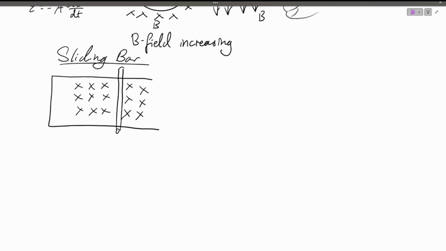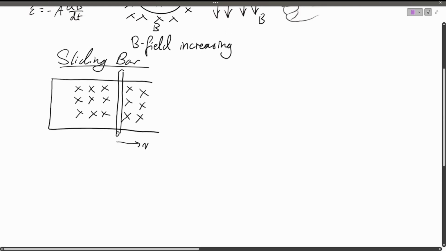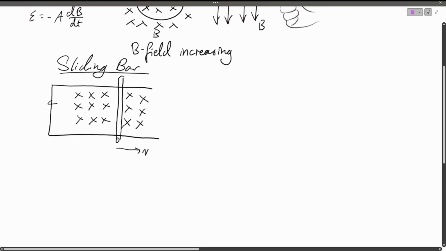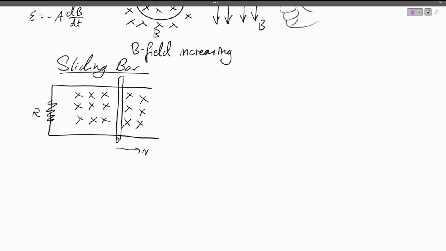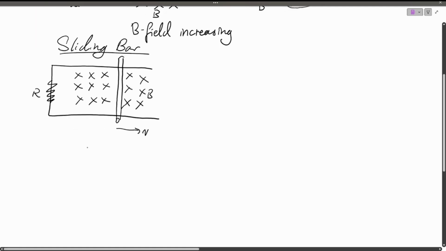So I suppose there's two different types of sliding bar questions. One is, let's say the bar is given a velocity. It's constant velocity v. And I'll ask you, what is the current through the wire? So for that you need a resistor here, some resistance R. So B field strength B. So we just have to figure out what is d phi dt.